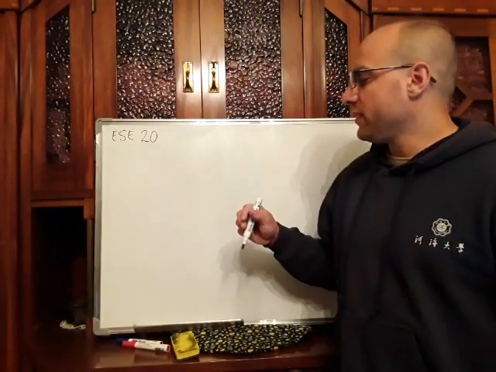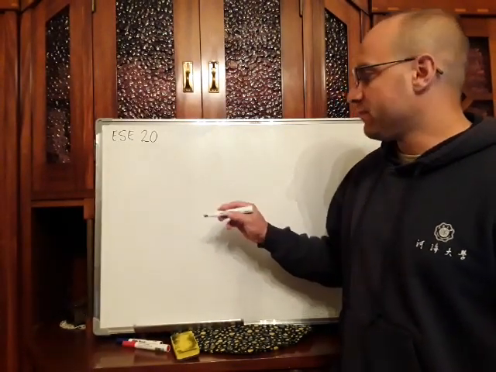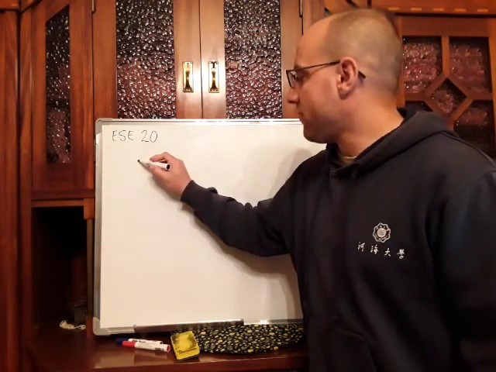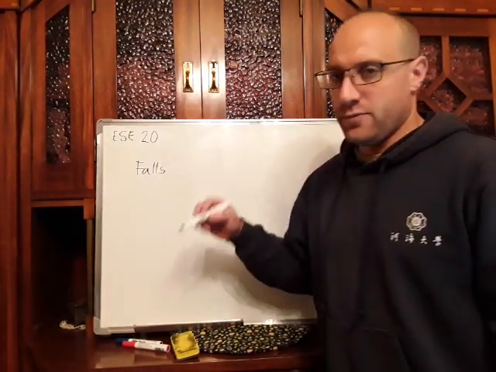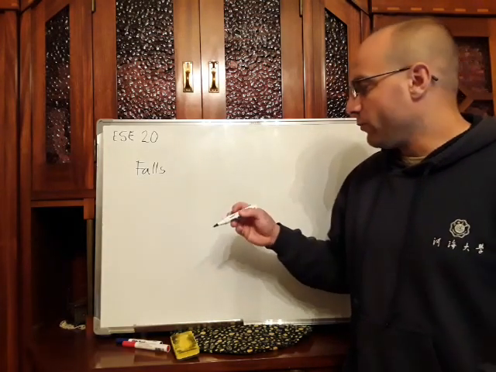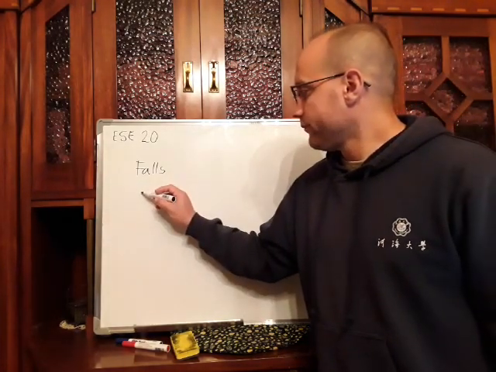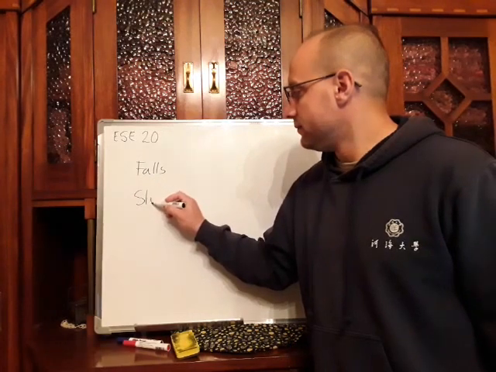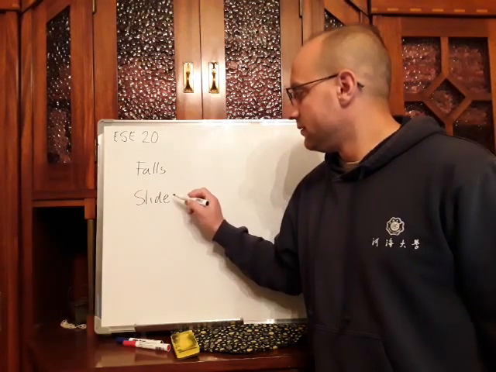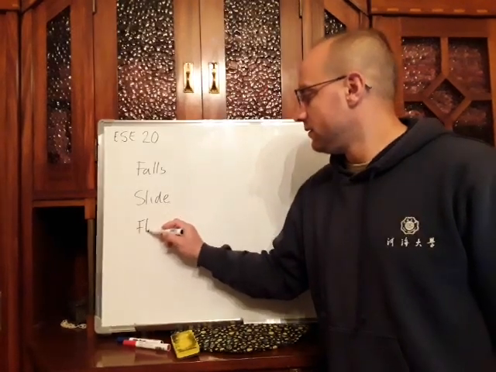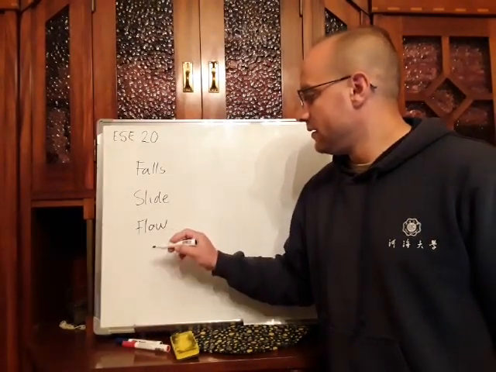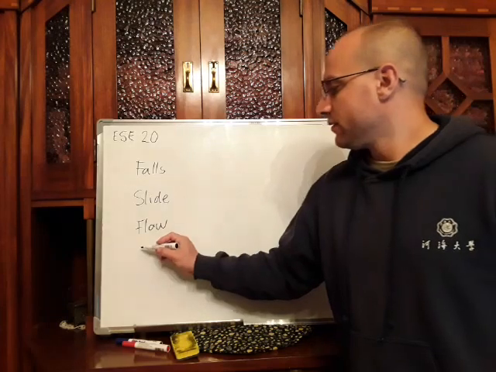And here we were speaking about four main types of processes: rock falls. There were also what we called slides. Also we had flow and creep.